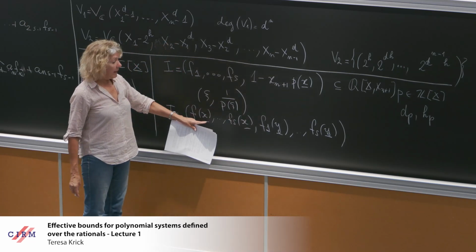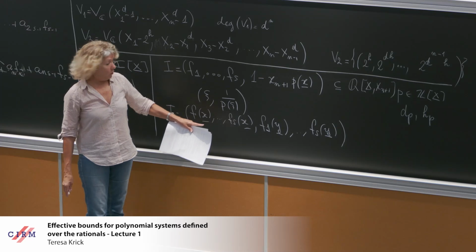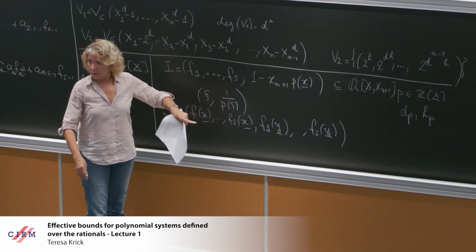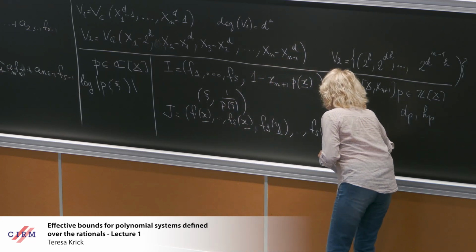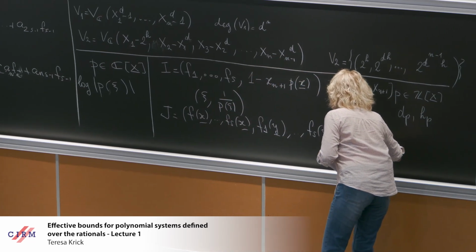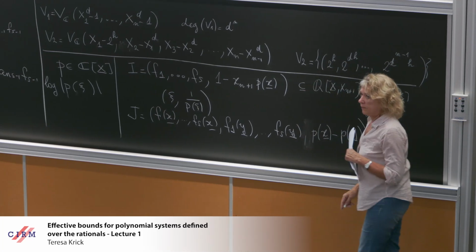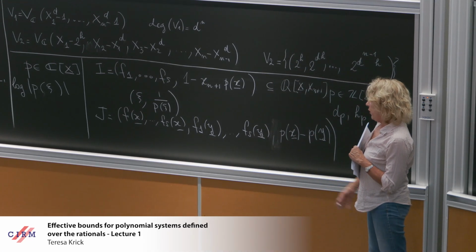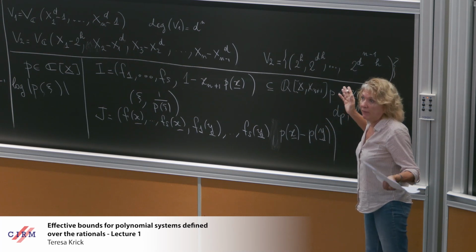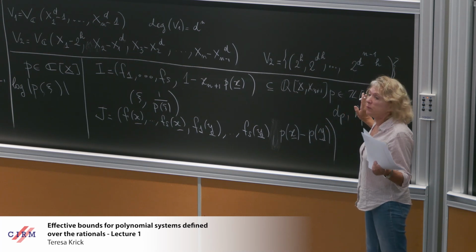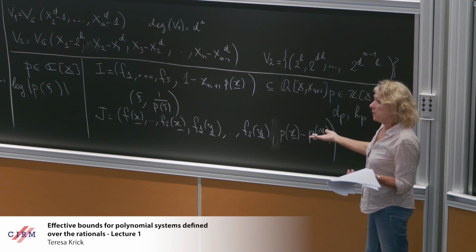So this variety is also finite, because it's a Cartesian product, and I will add one polynomial, which is p of x minus p of y. So now I have an ideal. Look, there is no generic assumption on the number of polynomials here at all. And then what are the roots here?